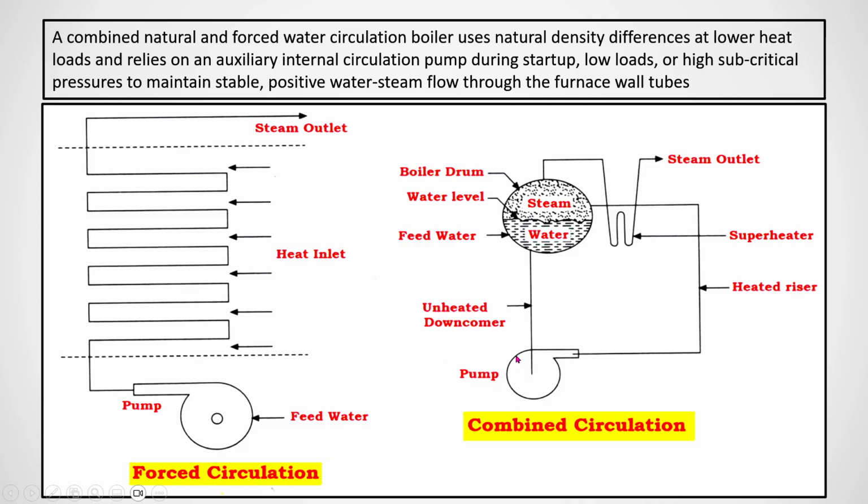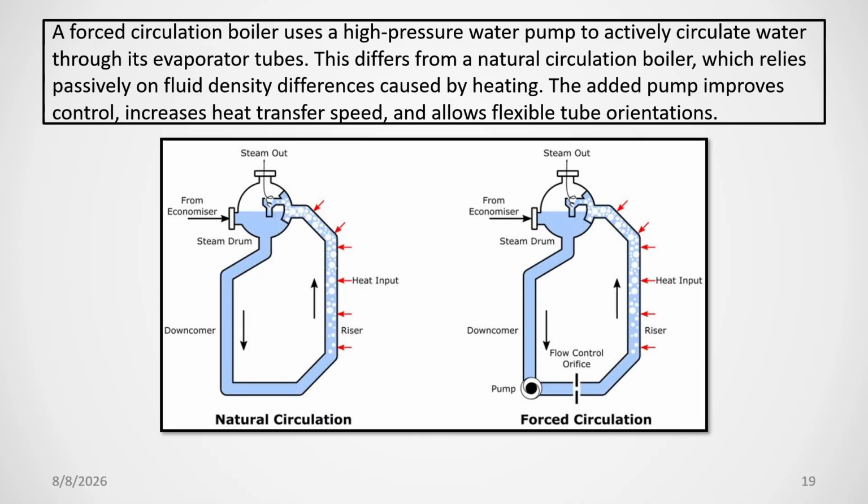But if you want to make it a combined one, then you can use a circulating pump that will further enhance the circulation. That is called the combined circulation boiler. This is the forced circulation, and then there is natural circulation. This is called natural circulation.